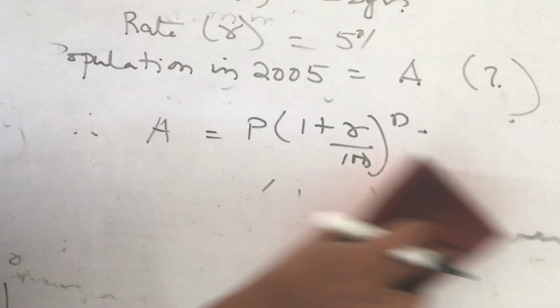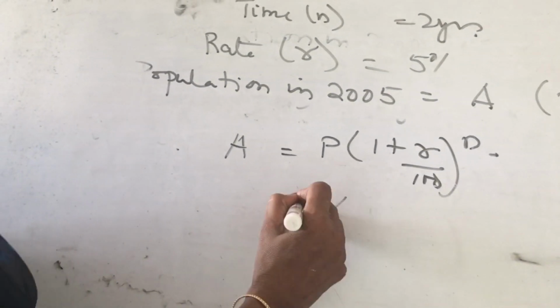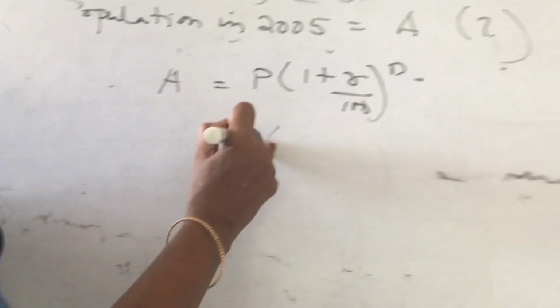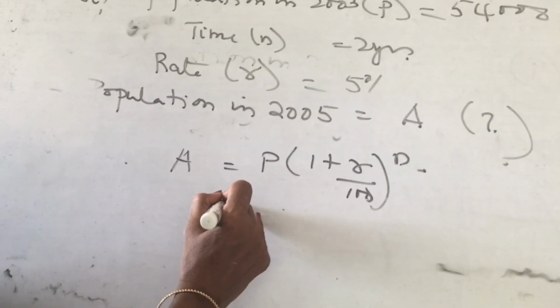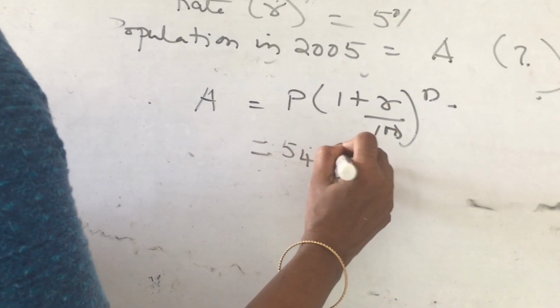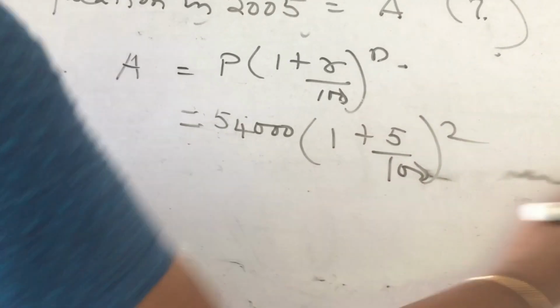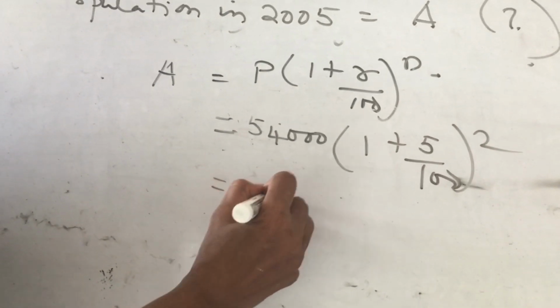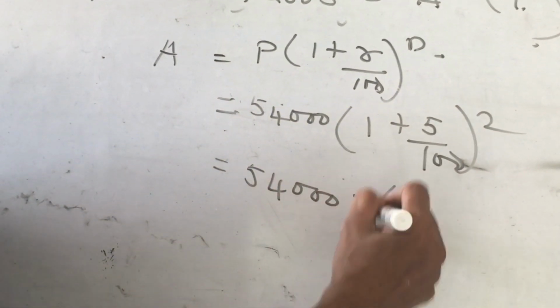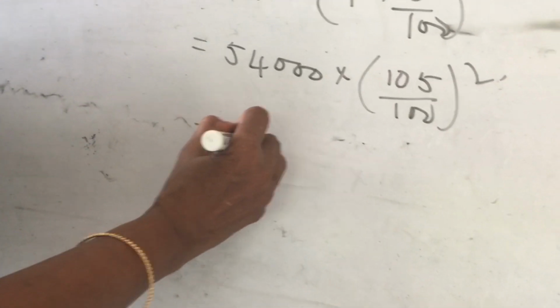Same formula, children. Amount is equal to P into 1 plus r by 100 whole power n. 54,000 into 1 plus 5 by 100 whole power 2. 54,000 into 105 by 100 whole power 2.